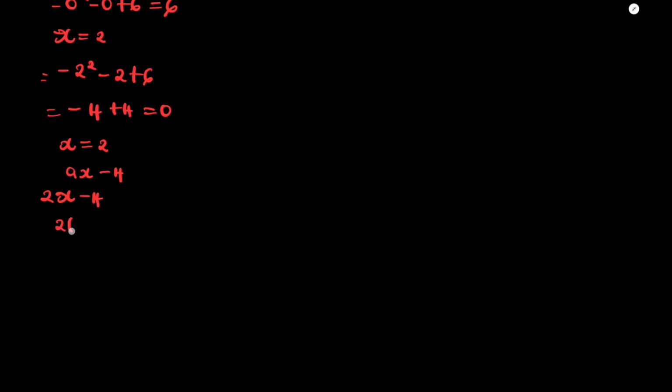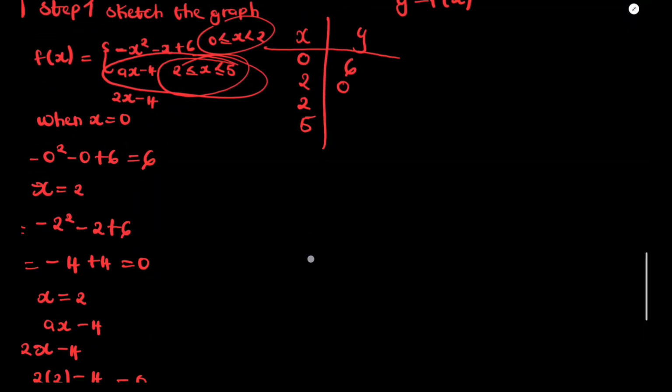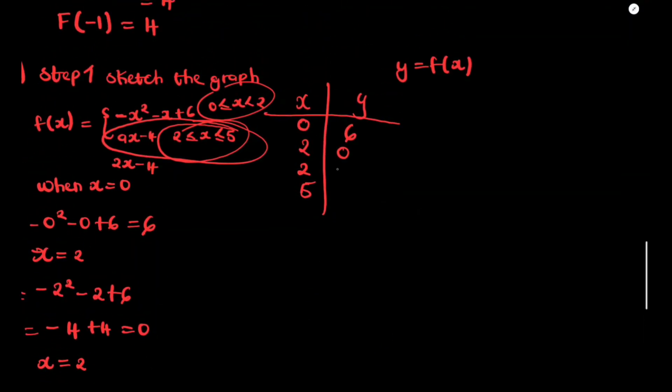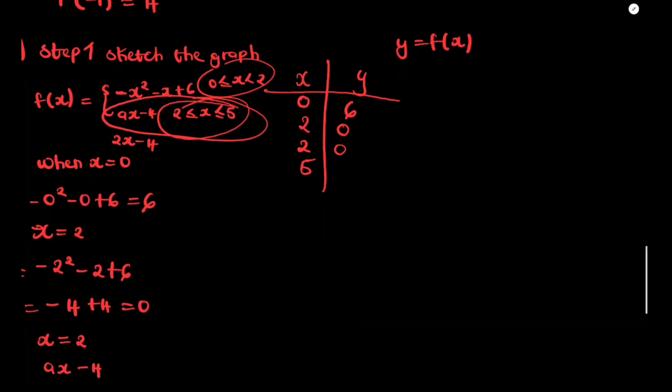We have 2 into 2 minus 4, which still gives us 0. So when x is 2, y is still 0. When x is 5, we substitute it again: 2 into 5, which is 10, minus 4, which gives us 6. So when x is 5, y is 6.